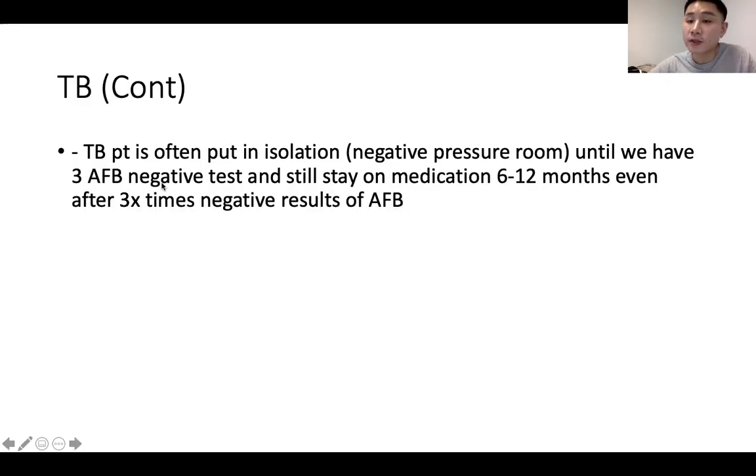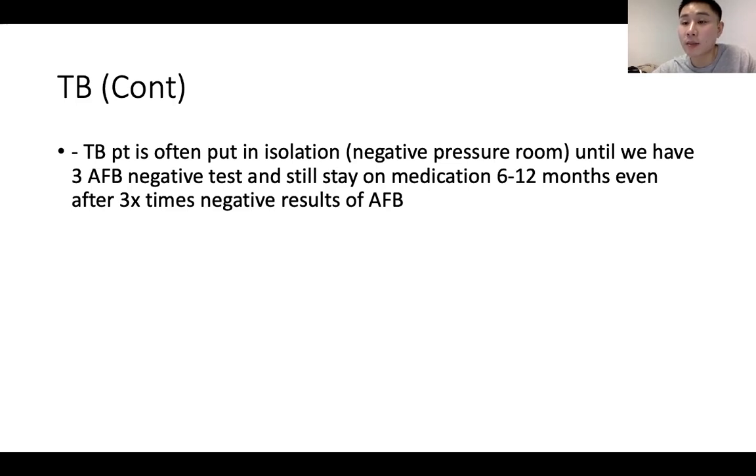So a tuberculosis patient is often put in isolation in a negative pressure room until we have 3 acid-fast bacilli negative tests, and they still stay on medication 6 to 12 months, even after 3 negative results. So this basically means that a tuberculosis patient has to be in isolation and be given medication for a long period of time.